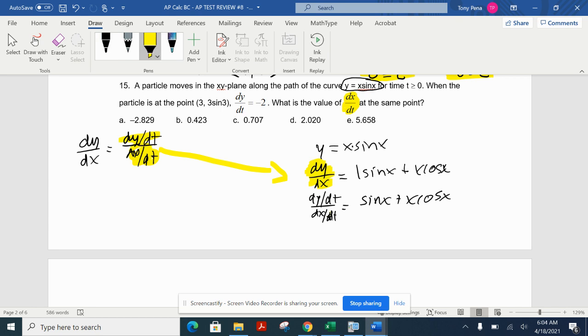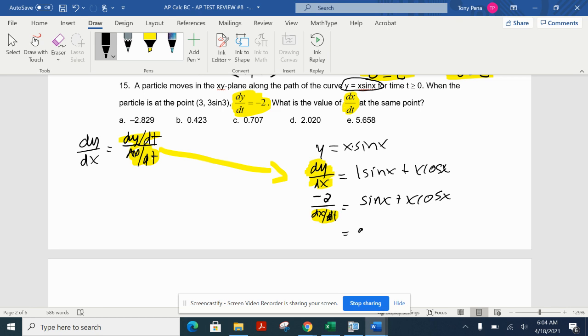So what we've now created contains what we're ultimately looking for, dx/dt. And don't we know what dy/dt is at the time we're concerned about? It's -2. So I'm going to replace the dy/dt with -2. Now we have an equation that we can solve for dx/dt.